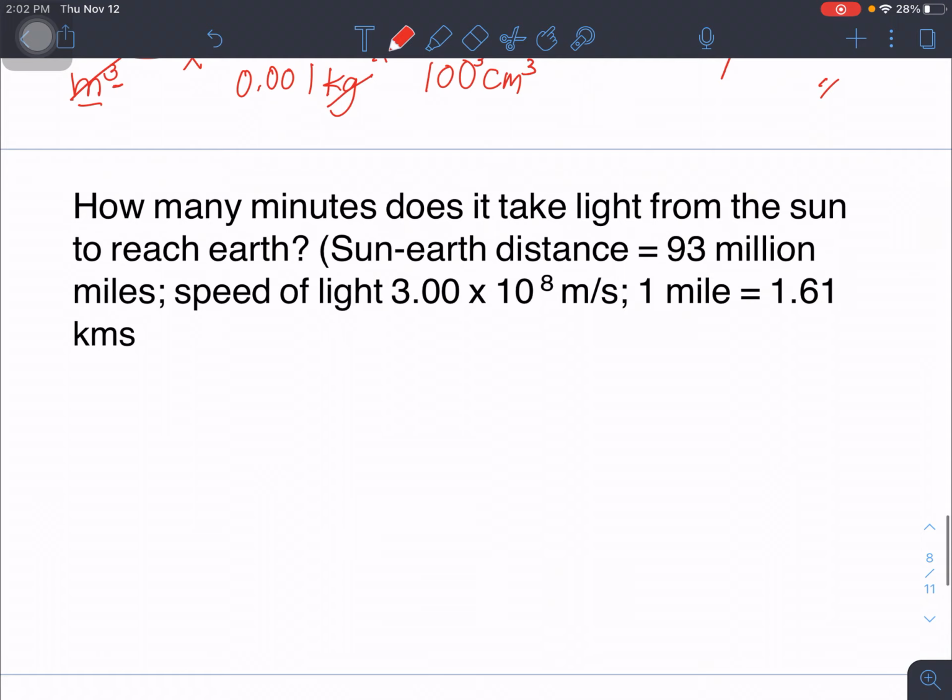Next, how many minutes does it take light from the sun to reach the earth? So we'll be having a word problem. So we would like to express this distance to a unit of time wherein the light should reach the sun to the planet earth.